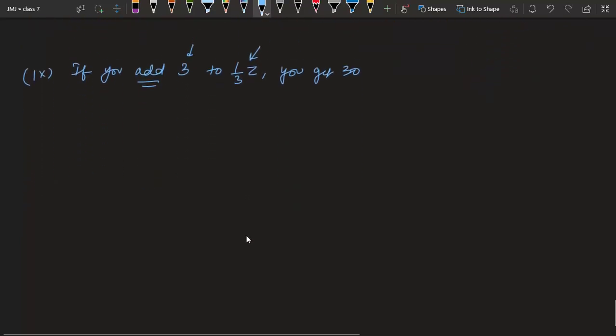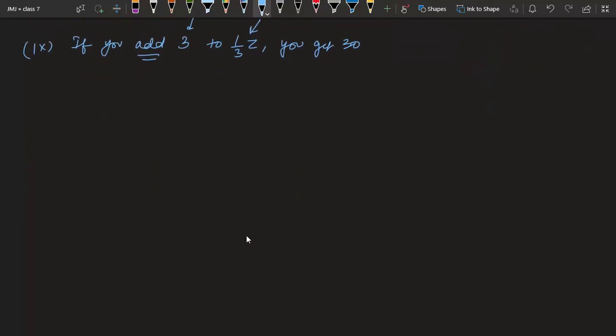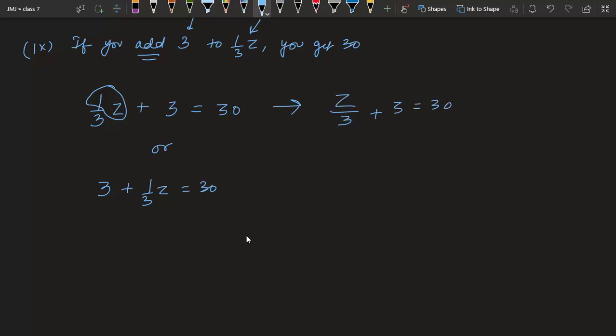Now see, in this case, if you add 3 to 1/3 of z, you have 1/3 of z plus 3 equal to 30. Or if you write 3 plus 1/3 z equal to 30, they are both the same thing. If you want to multiply 1 and z, you can do that also. It can be written as z upon 3 plus 3 is equal to 30, and finally as 3 plus z upon 3 is equal to 30. That's it. No issue.